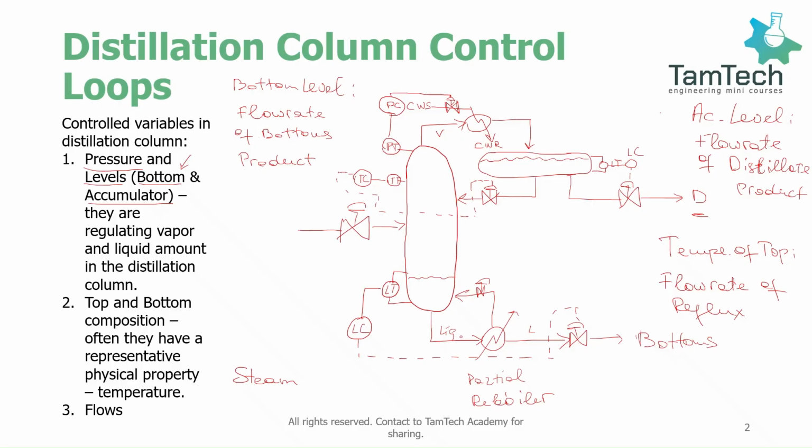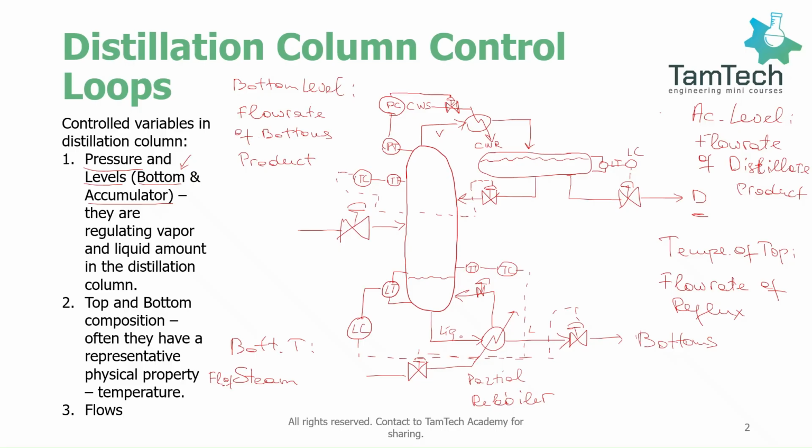So we put a temperature transmitter here to measure the temperature, and we fix it to a temperature controller. Let's add some steam supply line here and connect this temperature controller to that steam supply line. So we control bottom temperature with the flow rate of steam.